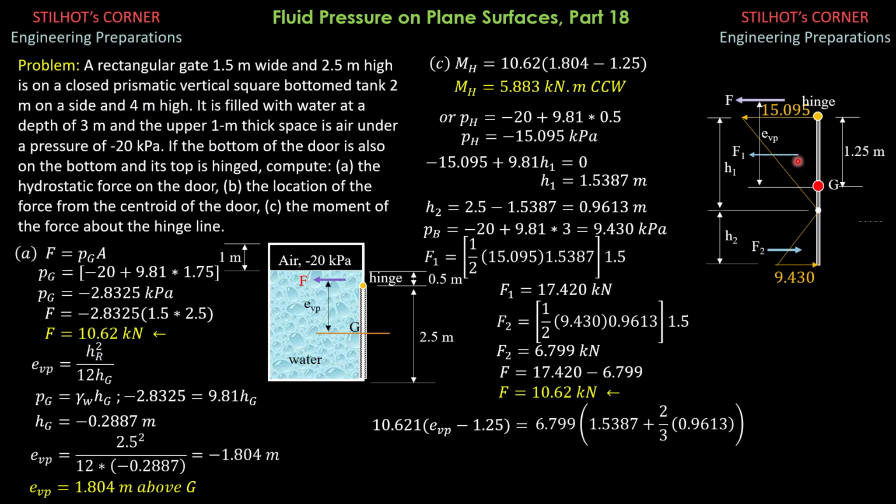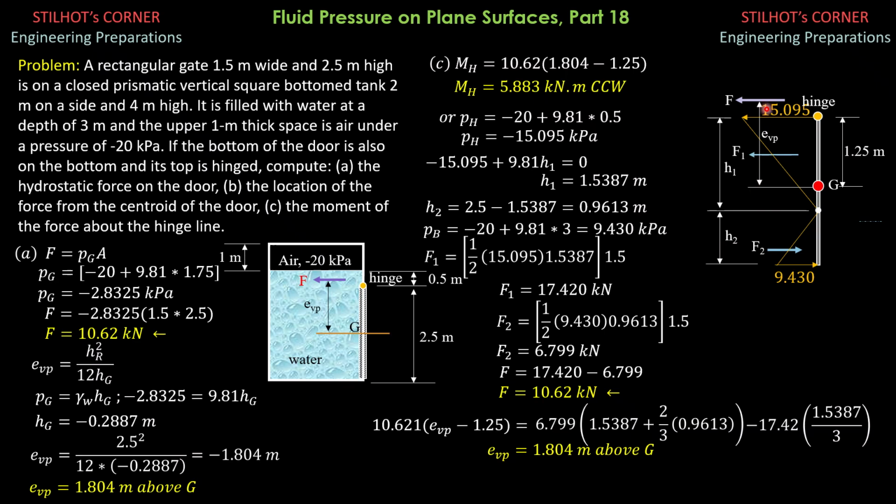Then minus the moment of F1, which is clockwise. So F1, 17.42, its moment arm or distance from the hinge line is H1 over 3. So minus 17.42 times 1.5387 over 3. So solving for the center of pressure, it is 1.804 meters.